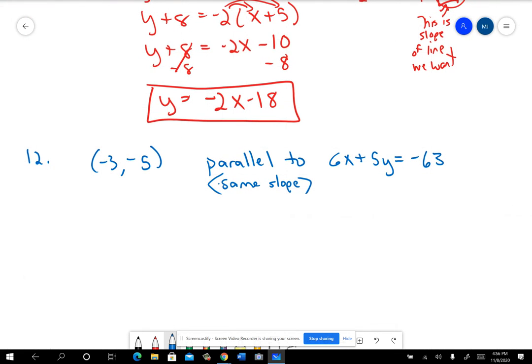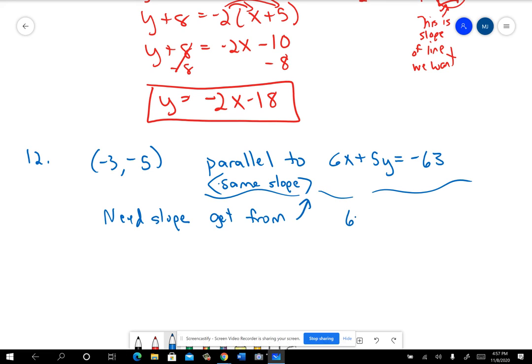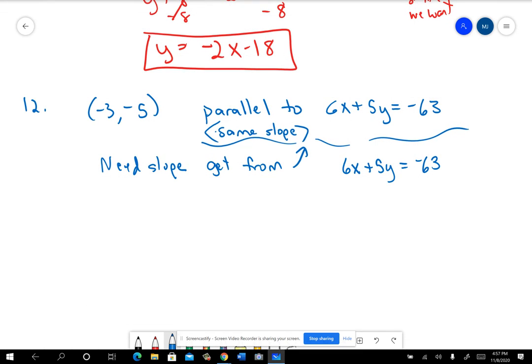All right, now here's the deal. So we have a point that we could plug in. We just don't have our slope. So you should be thinking, okay, I need the slope of my line. I'm going to get it from this information, okay? But this one, the equation was not written in a good form for me to just pull the slope from that equation.